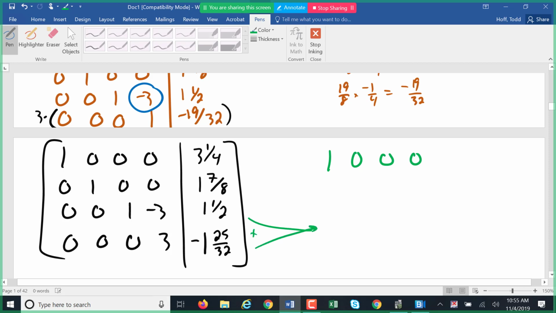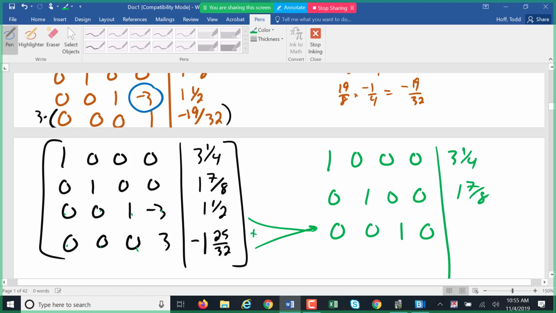So I got 1, 0, 0, 0, 3 1/4, 0, 1, 0, 0, 1 7/8, 0, 0, 0 plus 0 is 0, and 0 plus 0 is 0. 1 plus 0 is still 1. -3 plus 3 is 0. 1 1/2 plus a negative 25 32nds is a -9 32nds. Then put the bottom back to what it was before. 0, 0, 0, 1, -19 32nds.